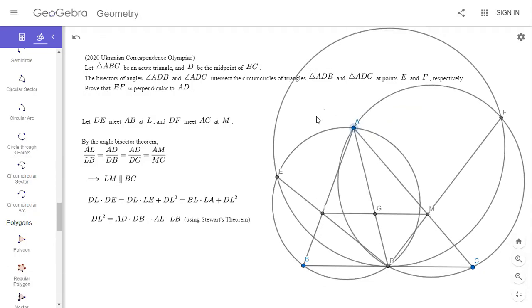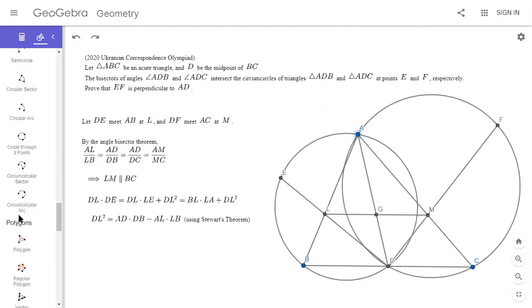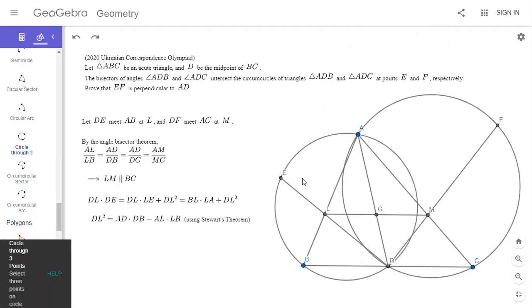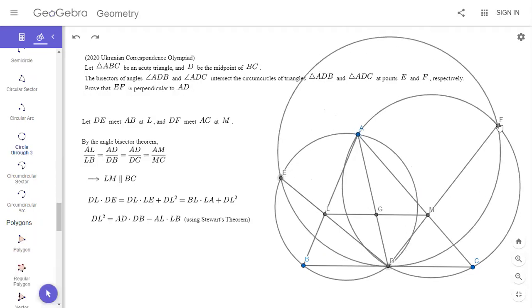And then we could use something like Reim's theorem. So what's the center? Let's see.